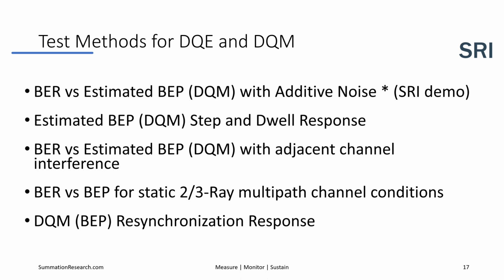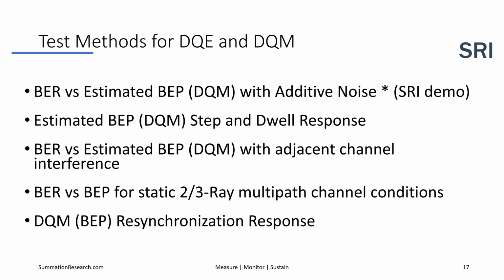IRIG 118.2.2, Chapter 11, defines 6 standard DQM tests. 11.1 is BER versus estimated BEP, DQM, with additive noise. This test measures the bit error rate against the estimated bit error probability under conditions of additive noise. It helps in understanding the performance of the telemetry system in noisy environments.